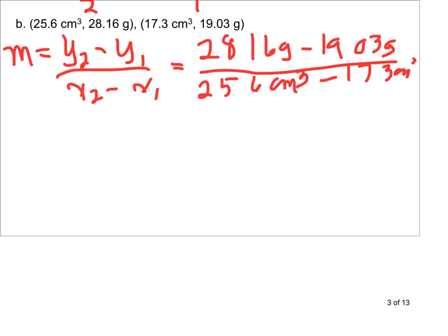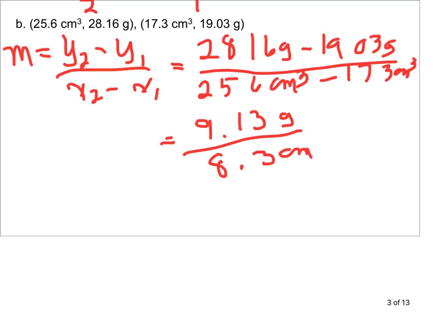17.3 cubic centimeters. Do a little subtraction, and 28.16 minus 19.03 would be 9.13 grams divided by 8.3 cubic centimeters.